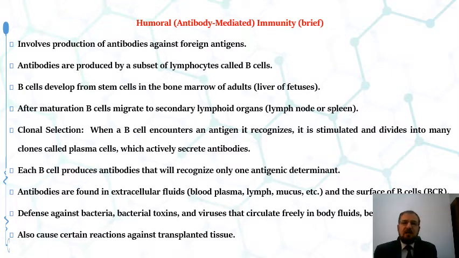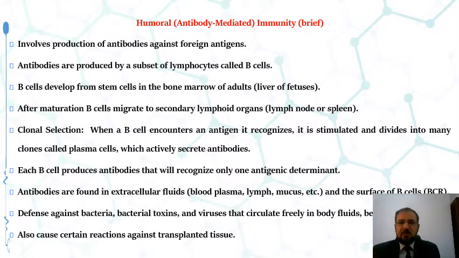Humoral immunity of the human body is mediated by the B lymphocytes. The B lymphocytes originate from the bone marrow, as all other cells of blood. Inside the bone marrow, the B lymphocytes go through partial maturation. So the B cell goes through multiple stages inside the bone marrow as part of the partial maturation.